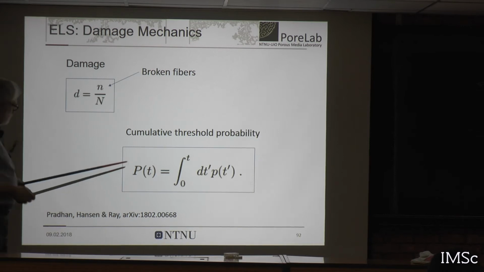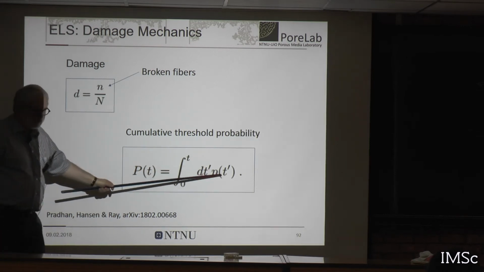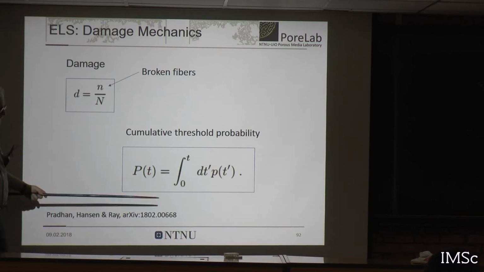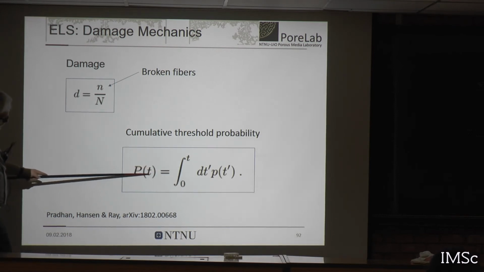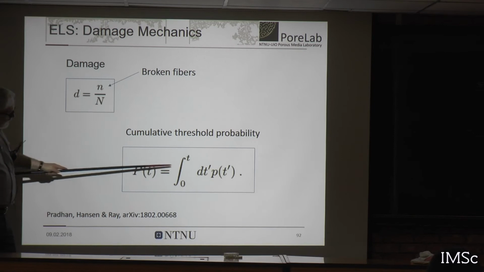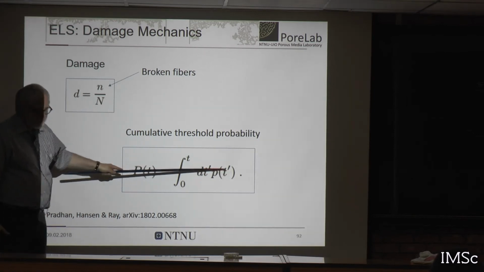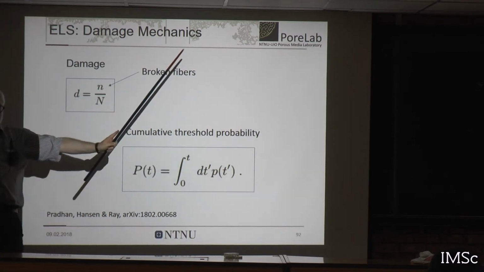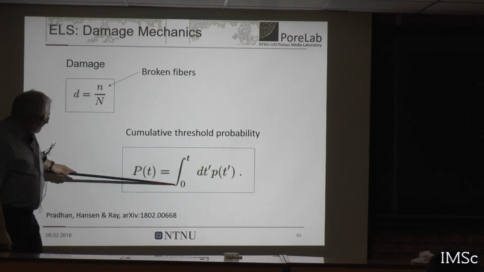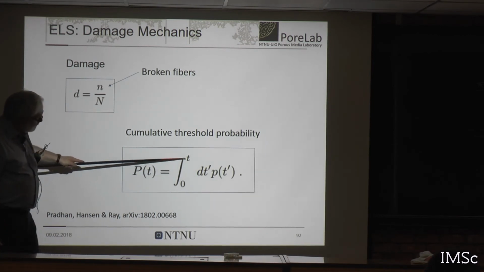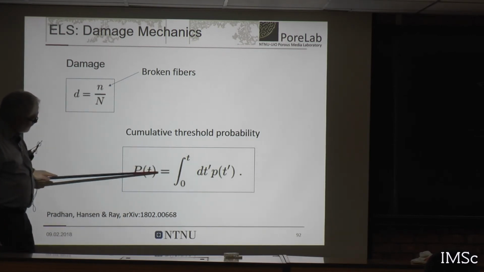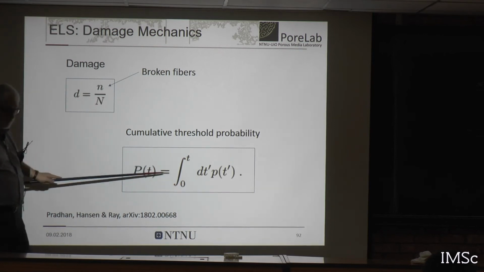First of all, sorry, I'm shifting notation a little bit because this is just taken straight from the paper. T is a threshold. And here is the threshold distribution in this fiber bundle, which contains N fibers. And I'm looking now at the cumulative threshold probability. This capital P is the probability to find a threshold T or less.